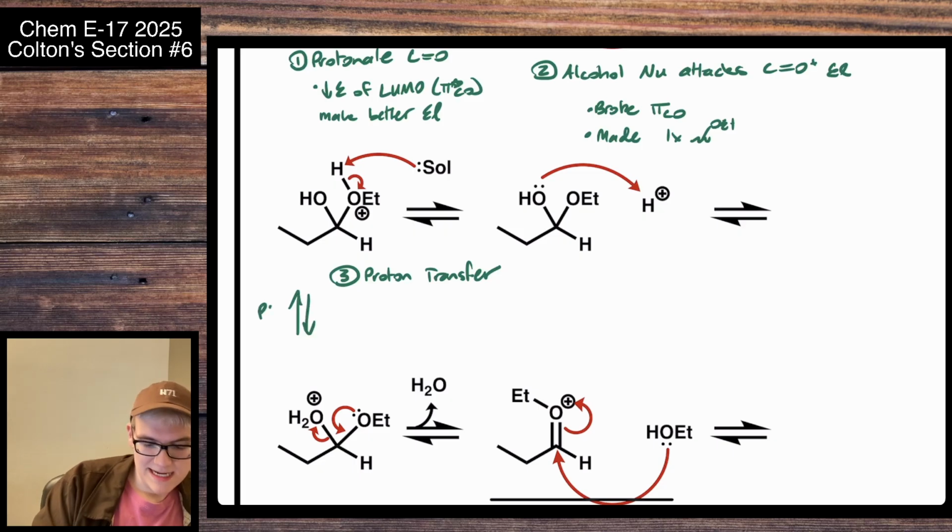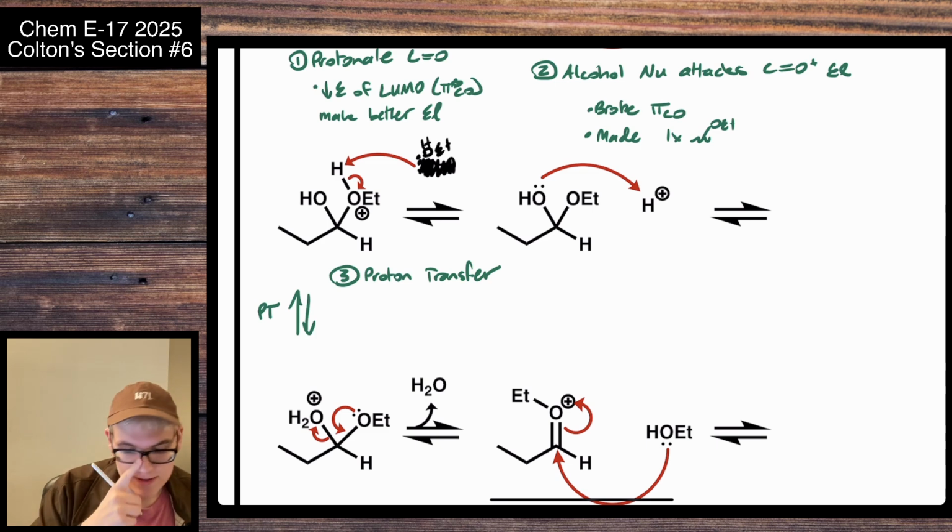You can just write PT on the arrow, and then you don't have to draw all the curved arrows. Also, just to be consistent for our class, I'm going to draw out the versions you are more used to seeing. You would see a lone pair on HOEt do the deprotonation, and then you would have H on the protonated version of the alcohol over here.